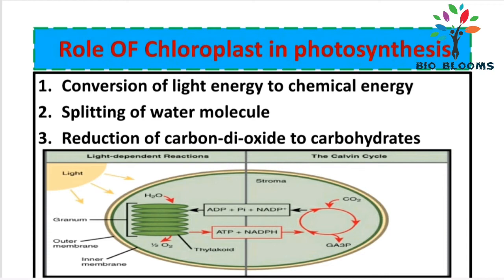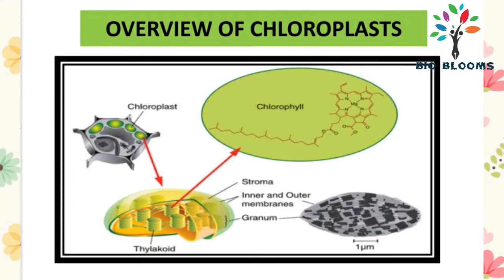Conversion of light energy into chemical energy, splitting of water molecule, and reduction of carbon dioxide to carbohydrates. For all these processes, two phases occur in photosynthesis. One is the light reaction and the other is the dark reaction. The light reaction takes place in the grana, and the dark reaction occurs in the stroma.